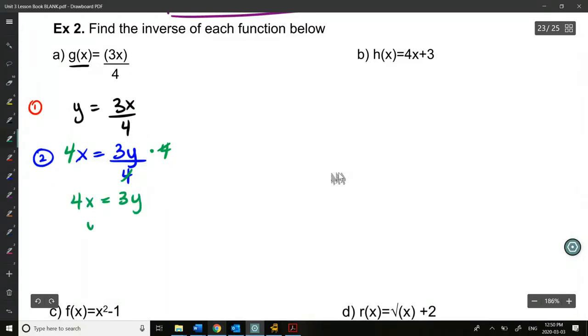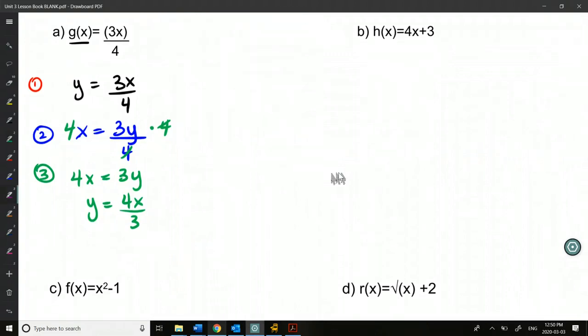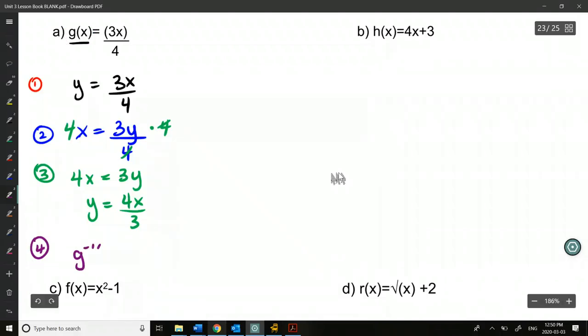And we'll divide out the 3. So we'll get 4x over 3. That's the third step. And last step, we're going to replace the y with its inverse notation for g(x). So g inverse of x equals 4x over 3.